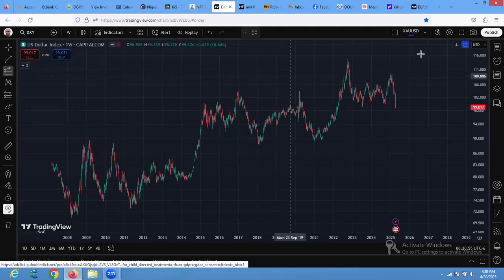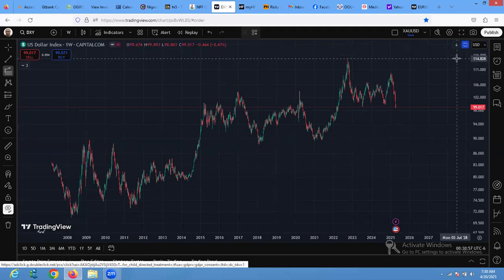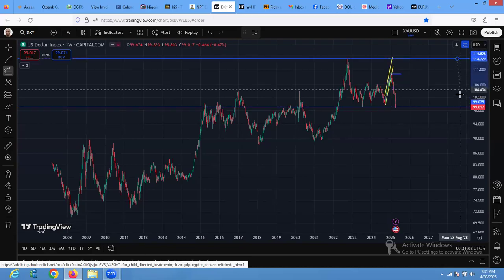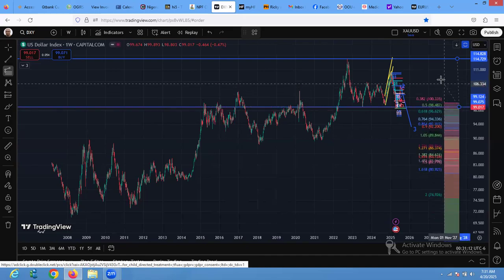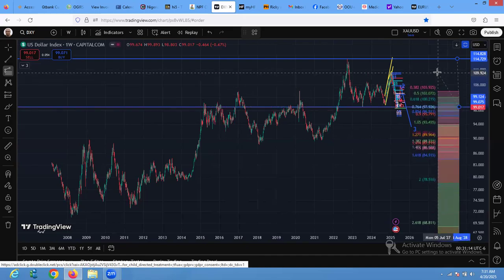So if we start from here, we take it from this point now to this low where you have the blue, and back to this point up here where we have the first line in blue in the small.